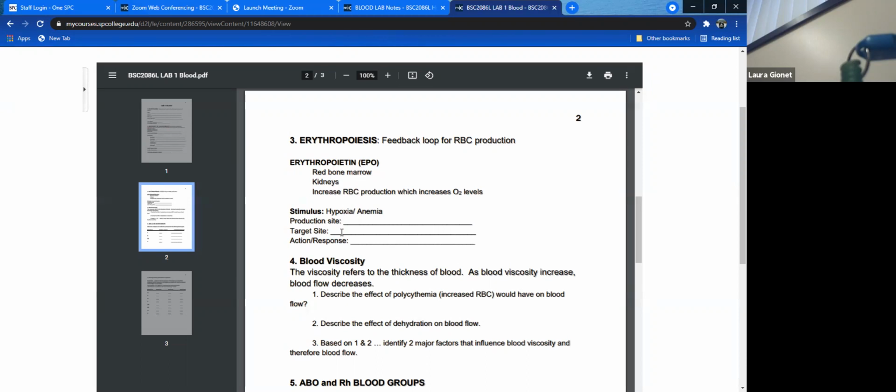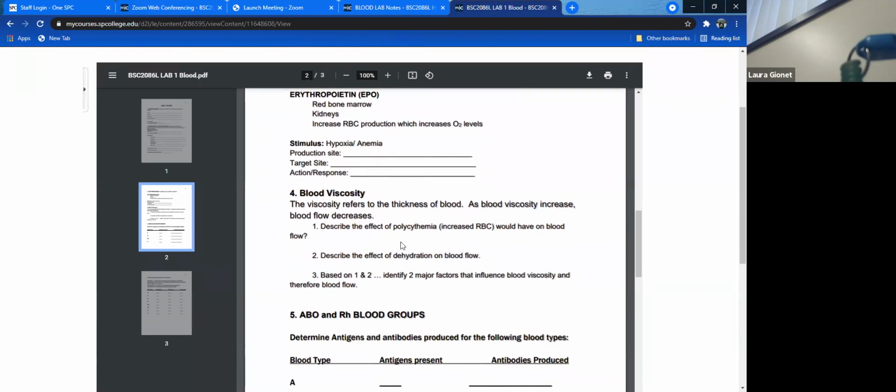See, I didn't have enough Starbucks yet. And then the action response is to increase the RBC production, which increases oxygen levels. So we start out with low oxygen level capacity, right? The kidneys produce erythropoietin that targets the red bone marrow, and the red bone marrow increases the RBC production.